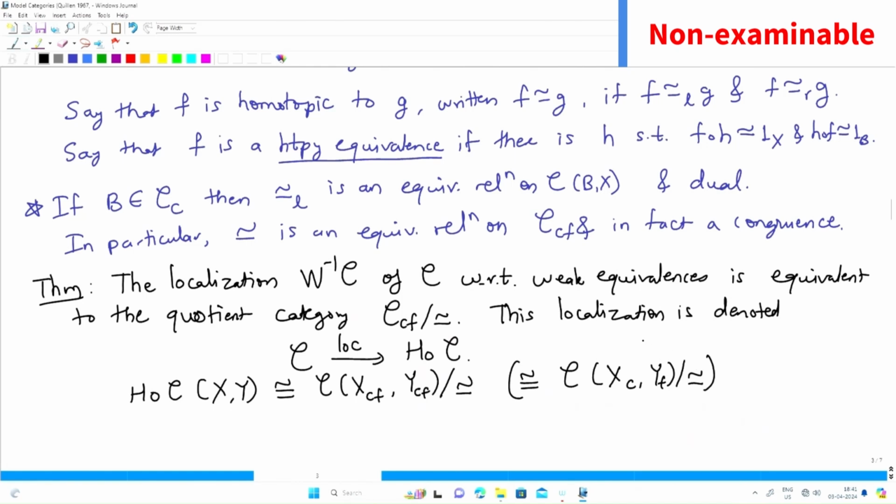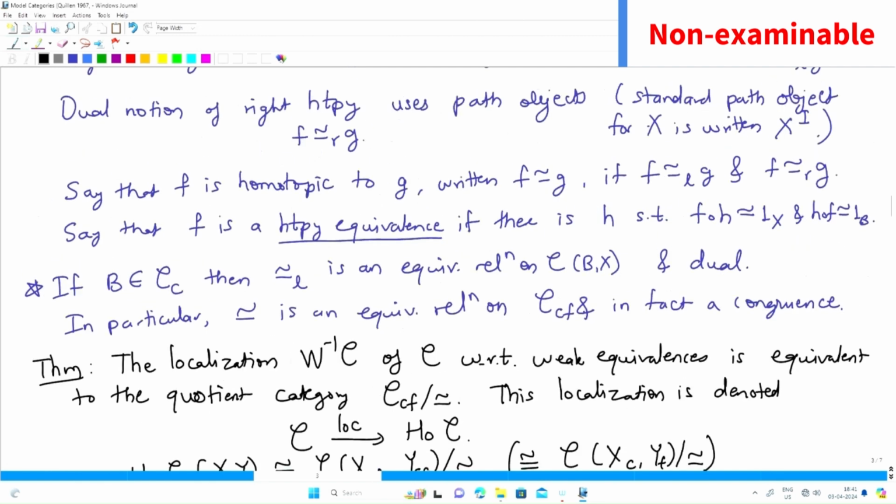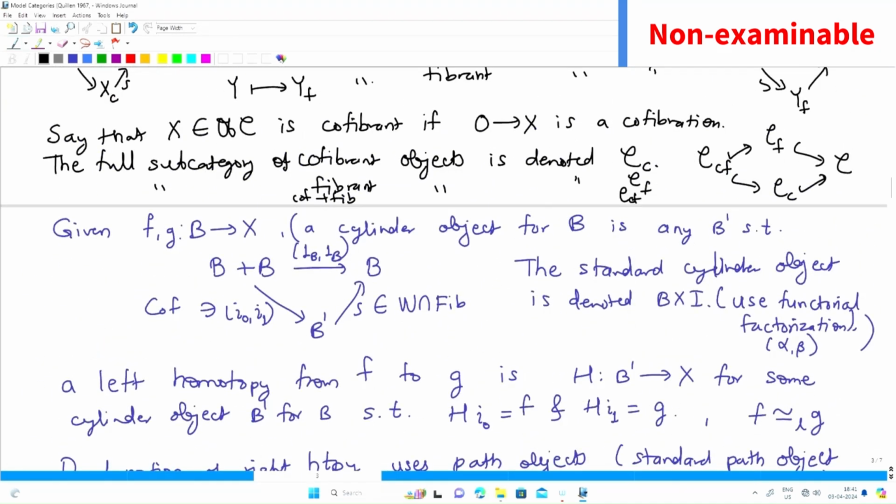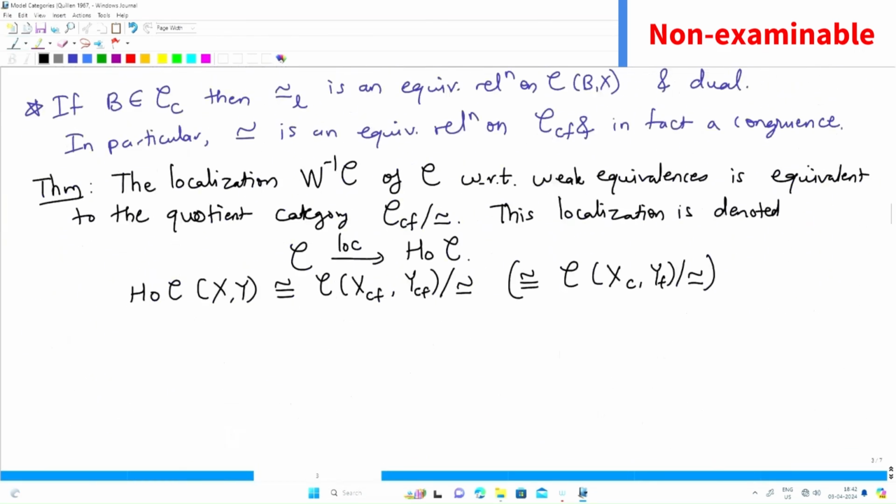Well, another thing I want to say is that this particular diagram that I had here, let me call this diagram star at the top. These inclusions actually induce equivalences between the corresponding homotopy categories.